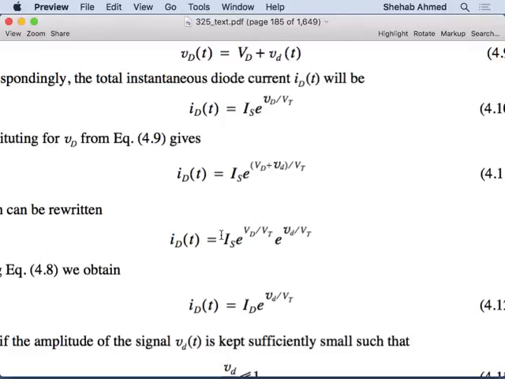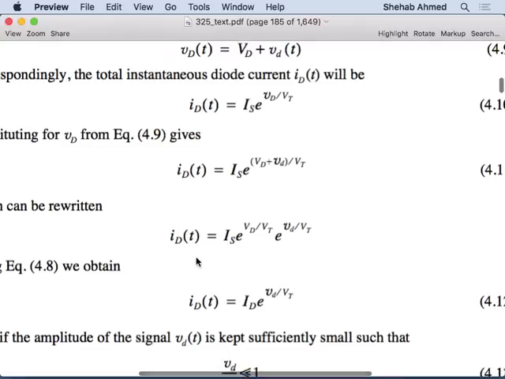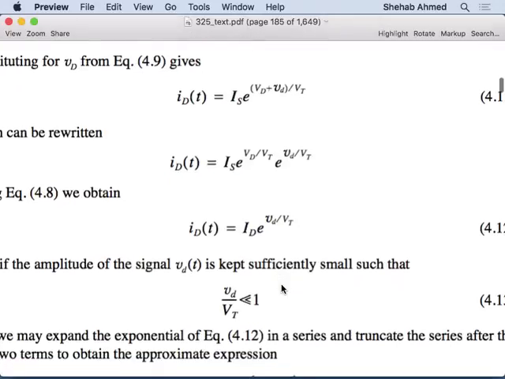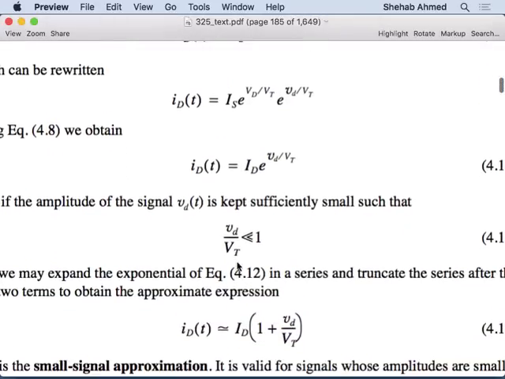So I can rewrite the current in the diode as this ID, I will call it, the current from the DC operating point, multiplied by e to the vd over Vt. If vd over Vt is smaller than 1, which is what we said has to be the case, otherwise I cannot use this. Because I can use superposition only if it's linear, and for it to be linear, this has to be the case.